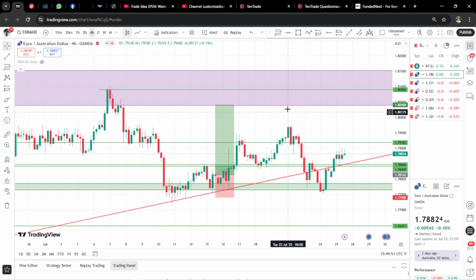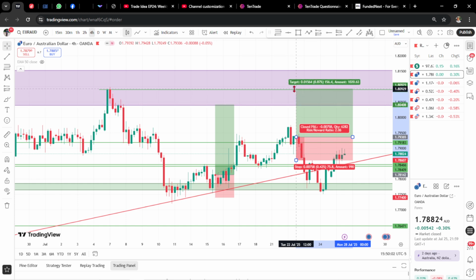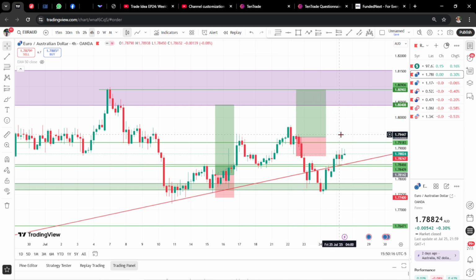I was targeting these highs, this particular high. After the close of that candle, I placed my order, put my final TP at the top there. Then my stop loss was below this area, and you know what the market did? The market just came and hit my stop loss straightaway.